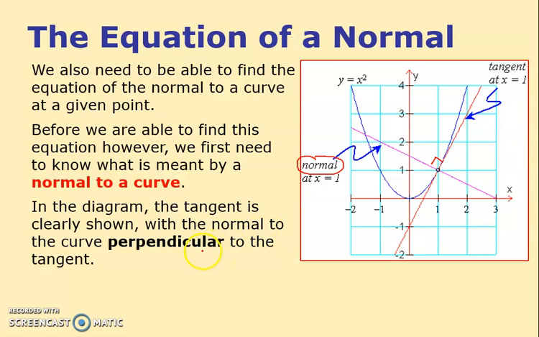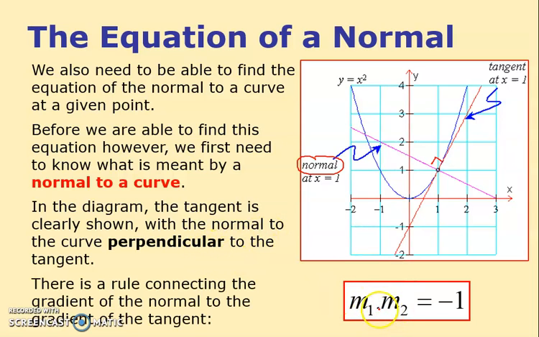So just be aware of this. This is our formula for calculating its gradient. You might have been told about this being its negative reciprocal. Some people prefer thinking of it like that, negative reciprocal, and I've no problem with that at all. So if I know this gradient, look, it goes 1 across 2 up. So just by doing that there, I reckon this has got a gradient of 2.